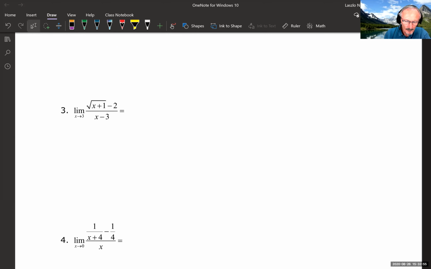Problem number 3. Again, if we find the limit as x approaches 3 for the denominator, we get 0. This is a problem, so we need to use some sort of algebraic manipulation. And I believe that the answer is to multiply by the conjugate of the numerator.